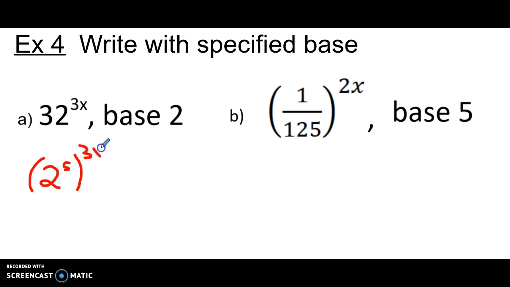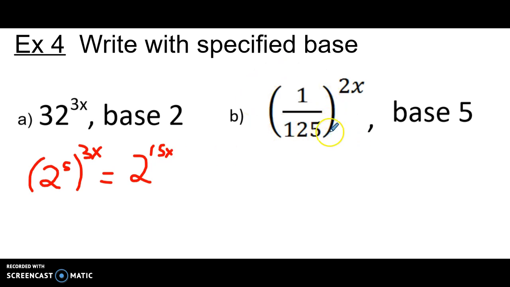I have to remember, what do I do when I have a power to a power? I multiply these numbers together, which I'm hoping you remember from last year. So if I was going to simplify this, I'd write it as 2 to the 15x, because I'm multiplying those two numbers together when I have a power to a power.